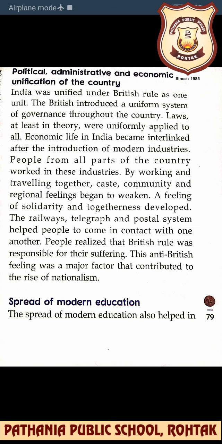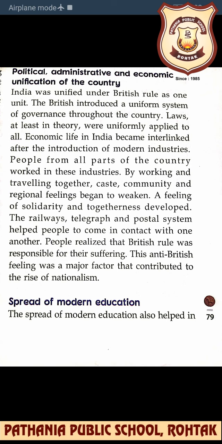There were better means of transportation as well as new means of communication. All these helped people realize that British rule was responsible for their suffering. This anti-British feeling was a major factor that contributed to the rise of nationalism.